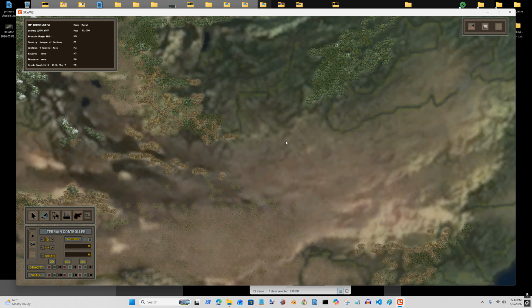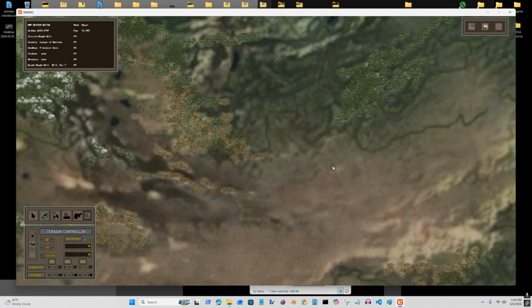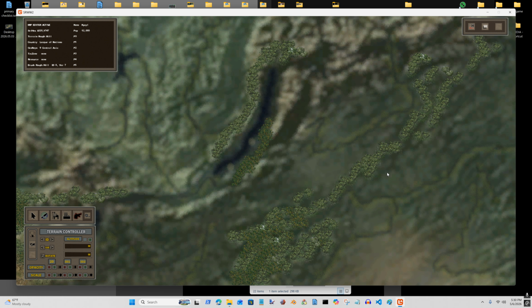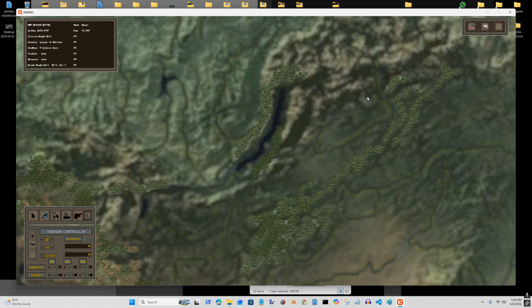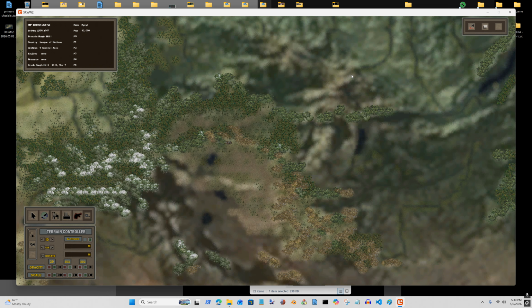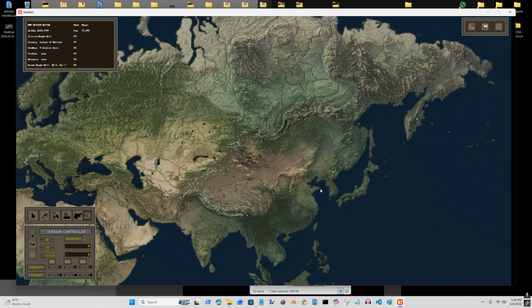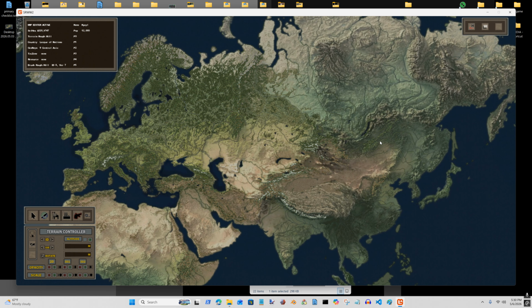Coming together. Identifying all the various mountain ranges. There's a lot of detail, intricate detail in this region.